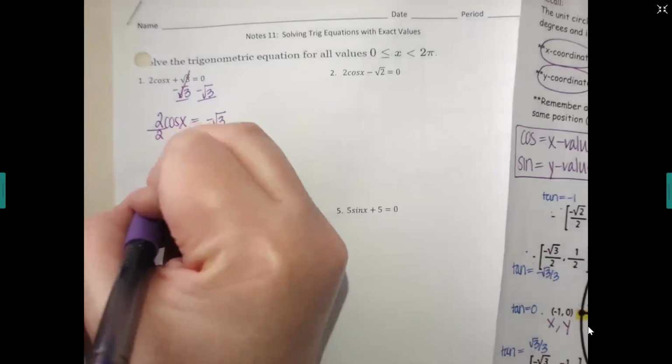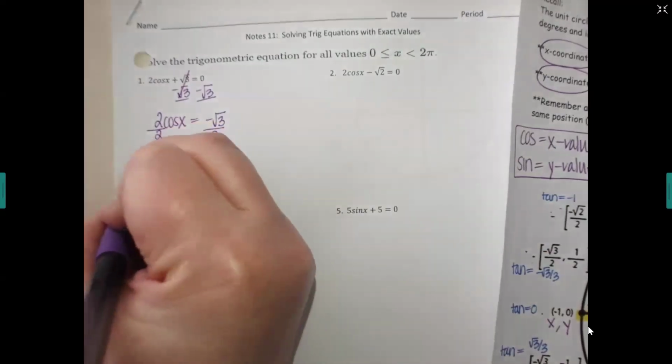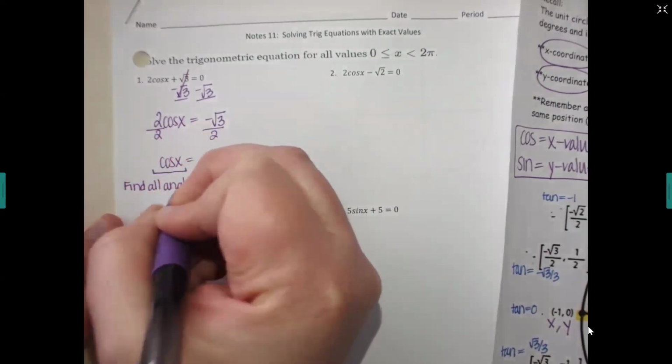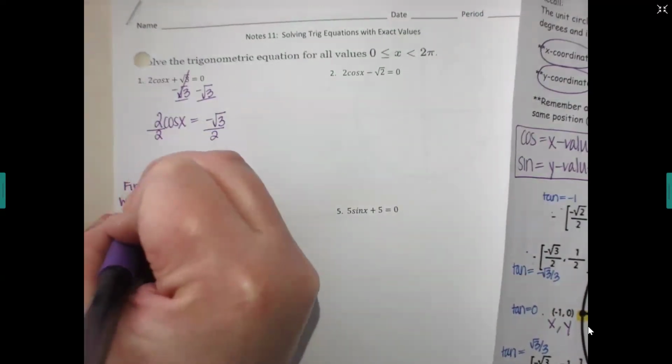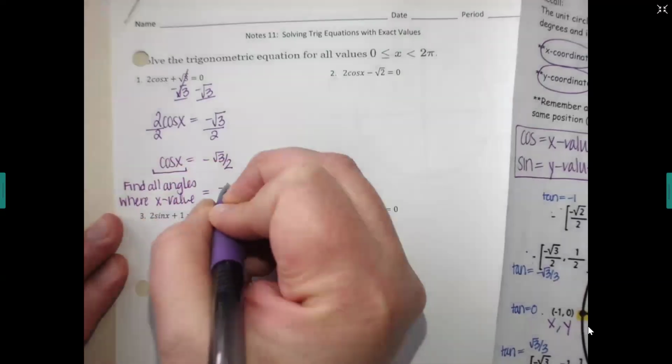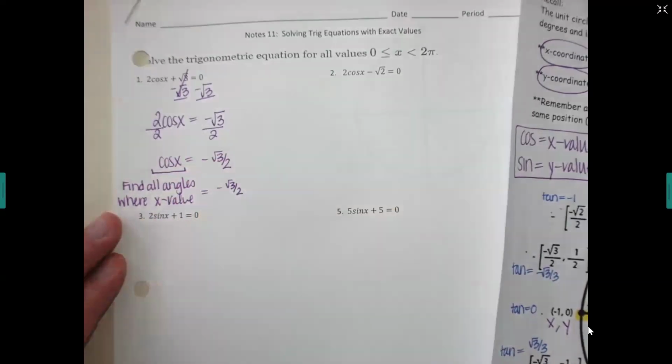Cosine is the x value on the circle. So look on your unit circle and find all angles where the x value is equal to that number.